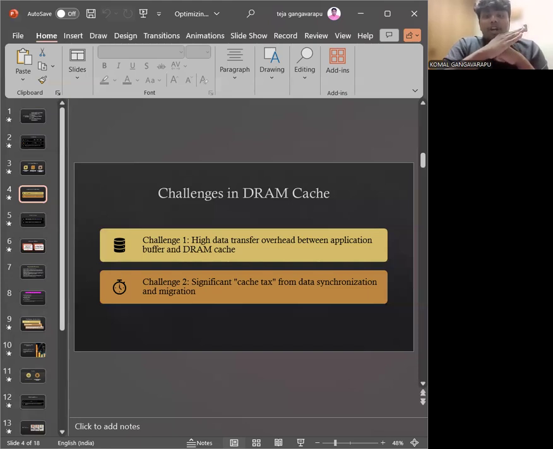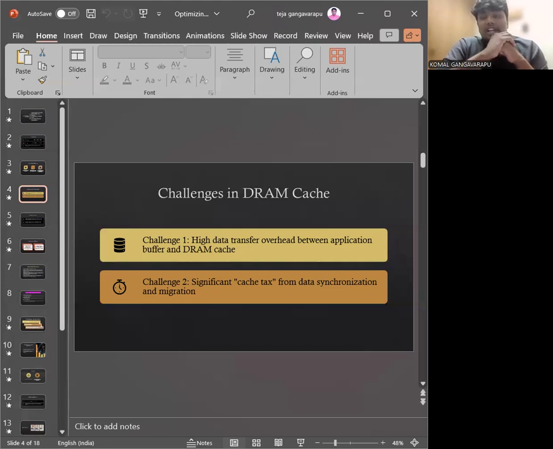When data is modified in the DRAM cache, those changes must eventually be reflected in persistent memory to ensure durability and reliability. This synchronization process involves complex operations such as write-backs and cache invalidations, which consume processing resources and time.